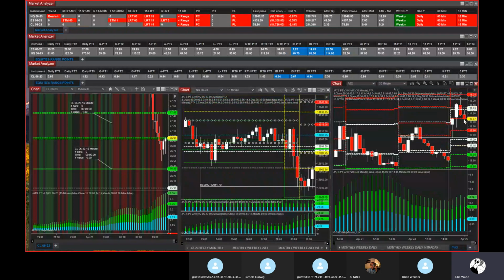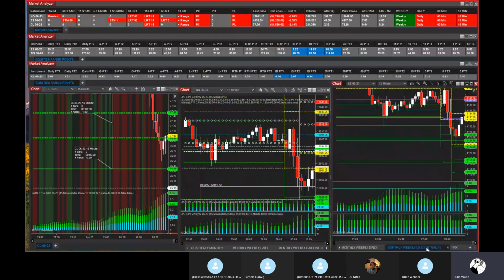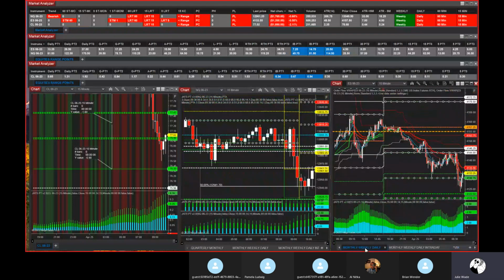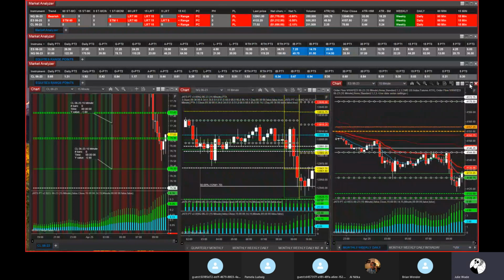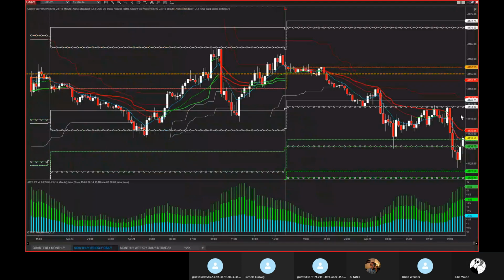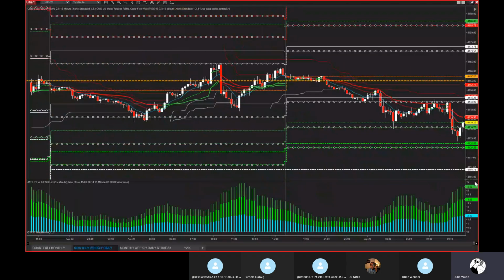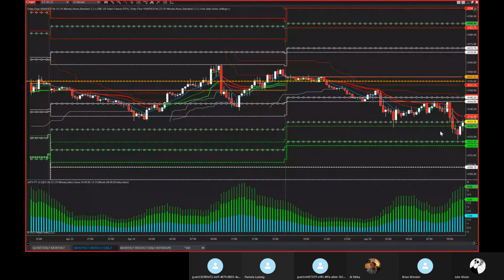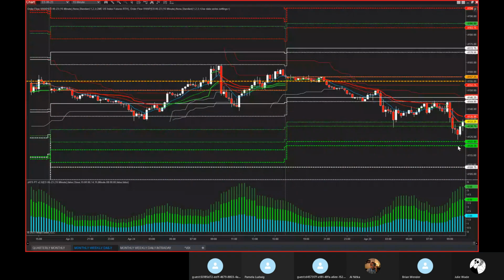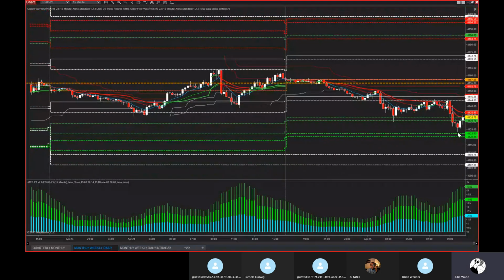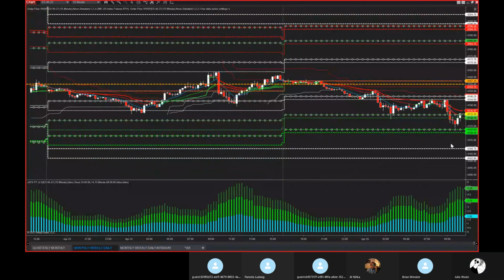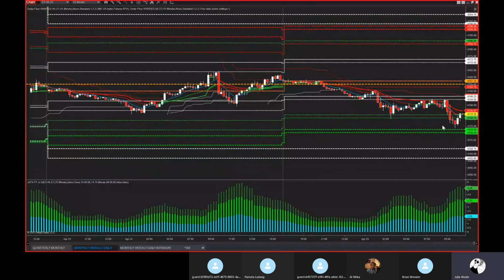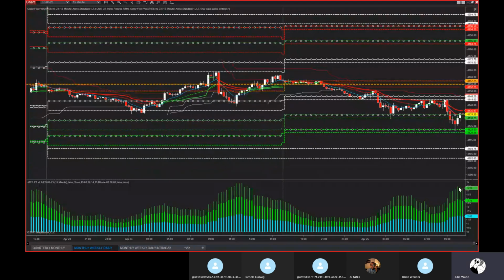All right, still trying to come down. Coming into our VWAP. So the puts on the daily threes seem to hold price. You know, it's hard to break these threes in such low volatility.